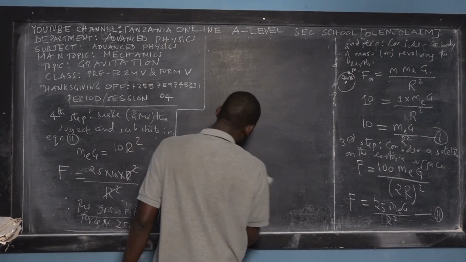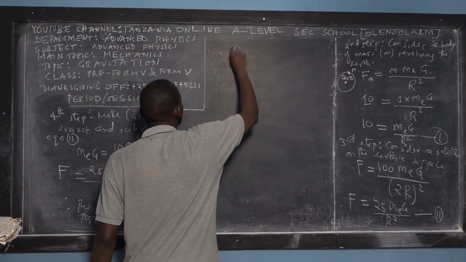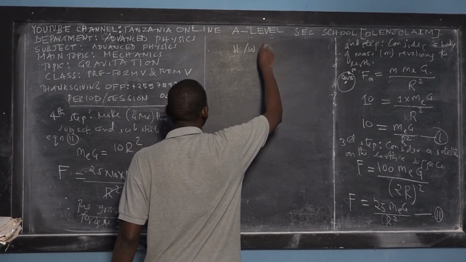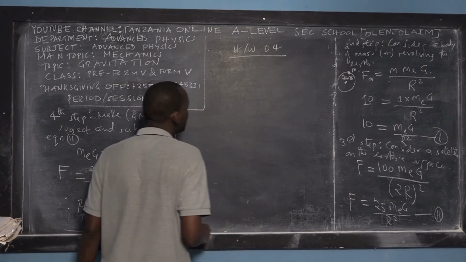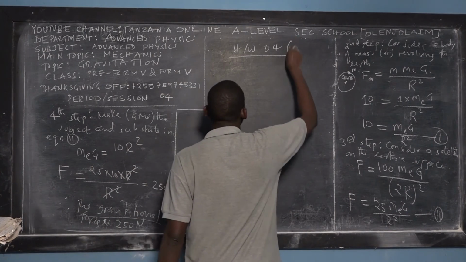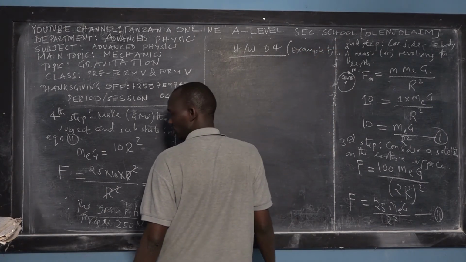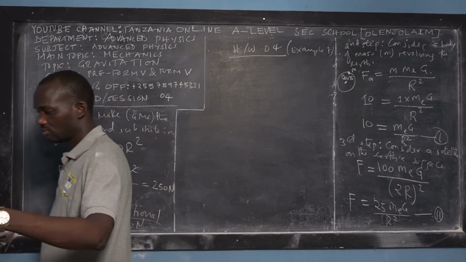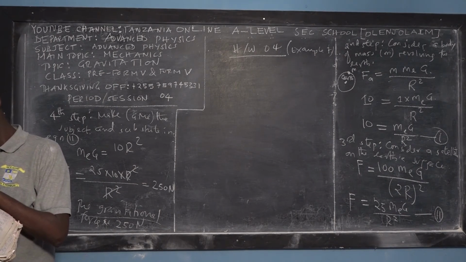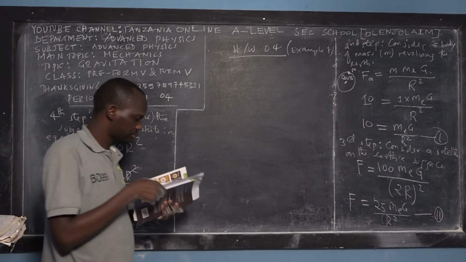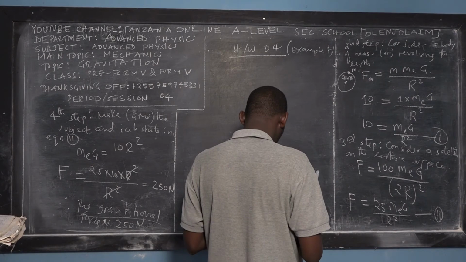So the homework is the NECTA question. Homework, and this is homework 4. And also it is an example. So this is the question that was asked in 2000.